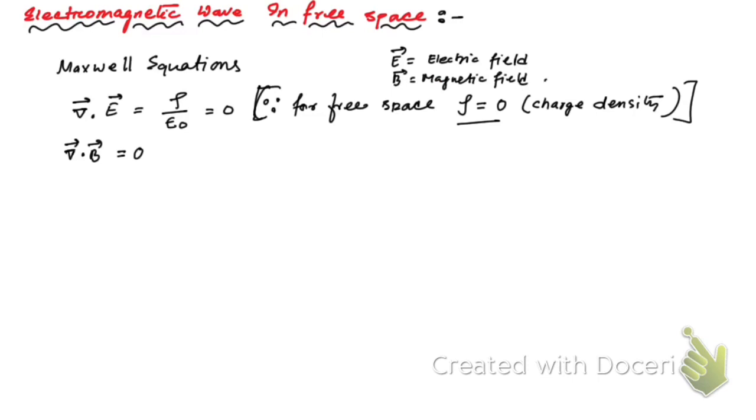And del cross E is going to be equal to minus del B by del T. So this is the first equation, this is the second equation, and this is the third equation.